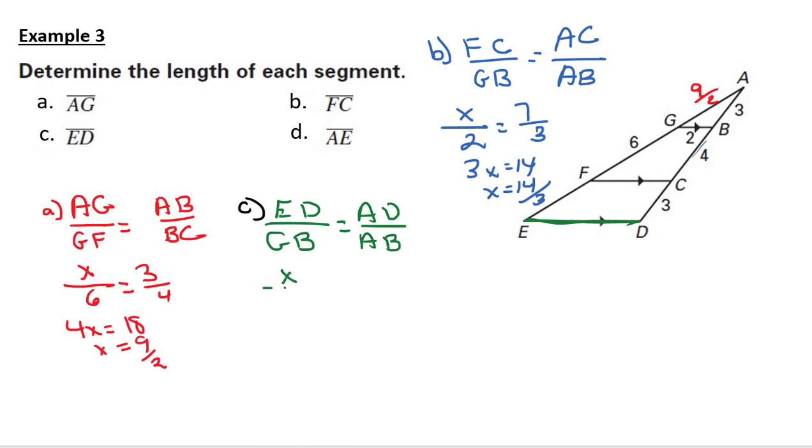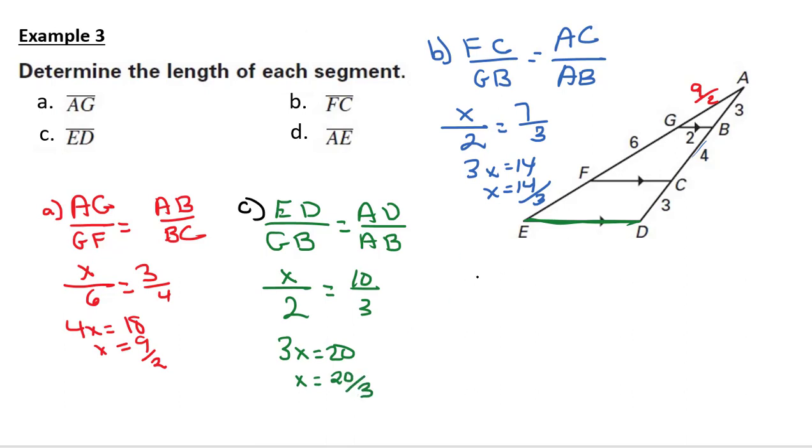ED is what I'm looking for. GB is 2. AD is 7, 8, 9, 10. AB is 3. X equals 20 over 3.